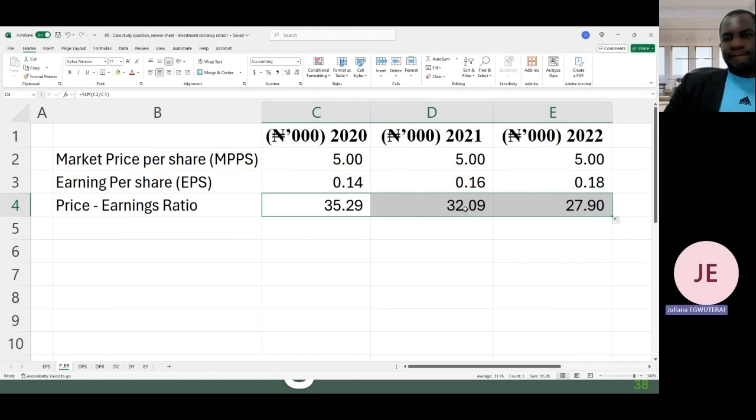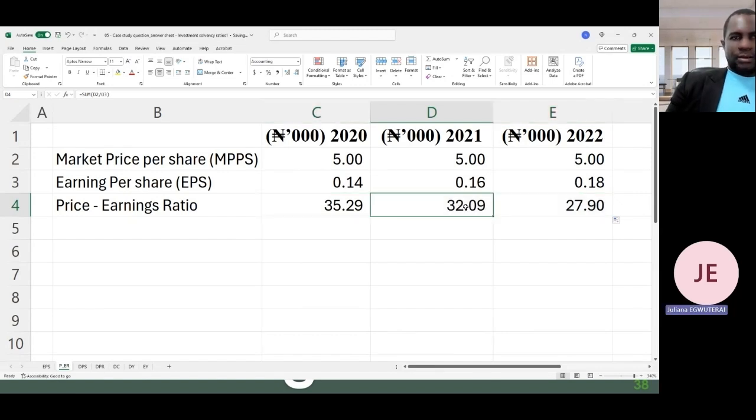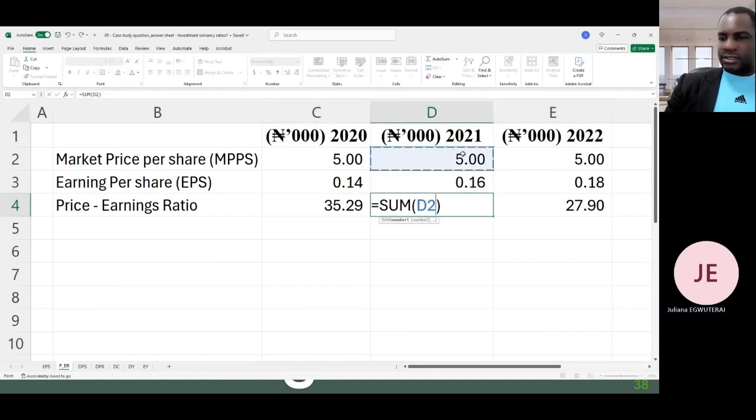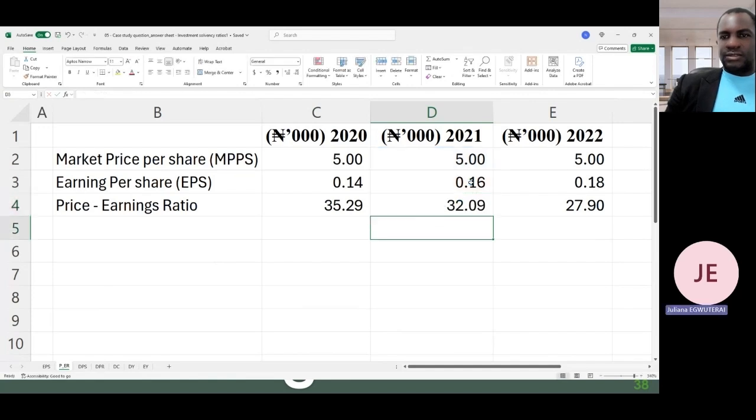Is it not 5 divided by 0.16? Yes, 31.25. Okay, maybe this is approximating something. The approximation is very high. Let me try it with my calculator. 5 divided by 0.16. Yes, I have 31.25. So let me do it directly instead of dragging the formula and see.